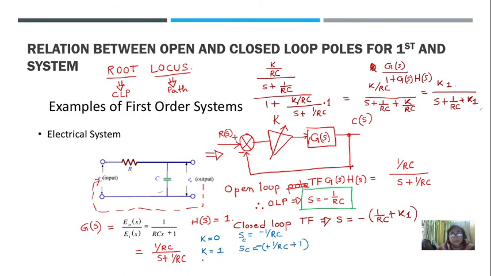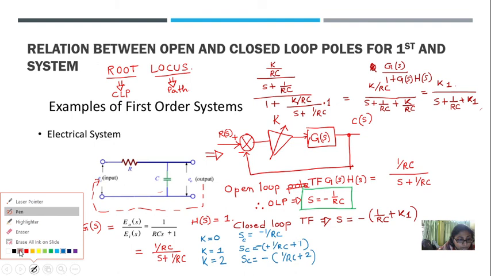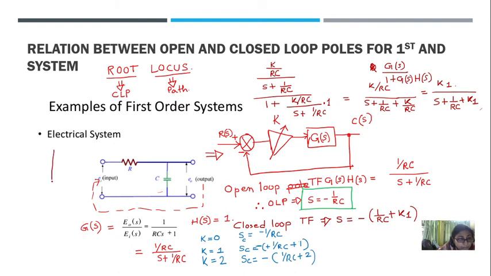Similarly, if I take K equal to 2, the position of the closed loop pole has changed. It will be now minus (1/RC plus 2). That means let us try to draw the closed loop poles.